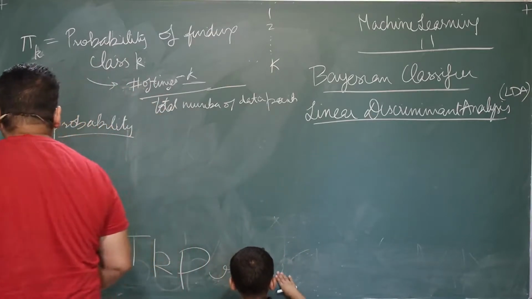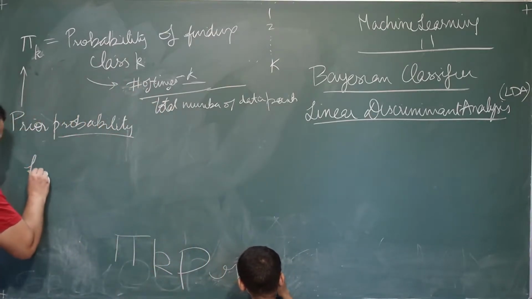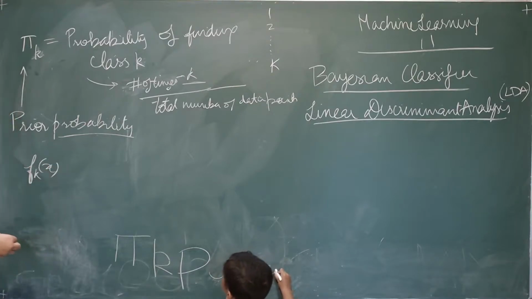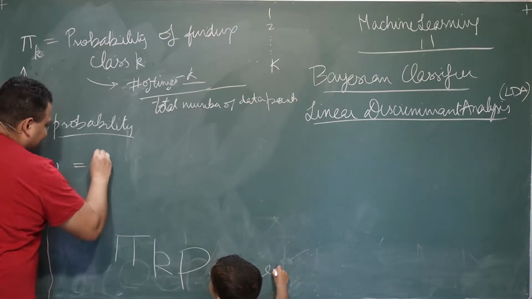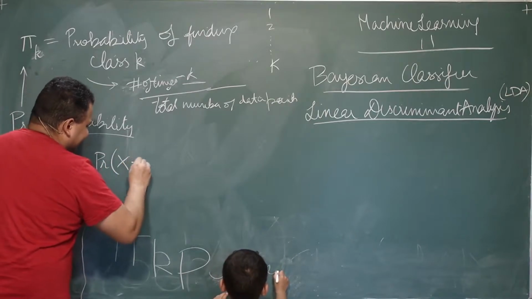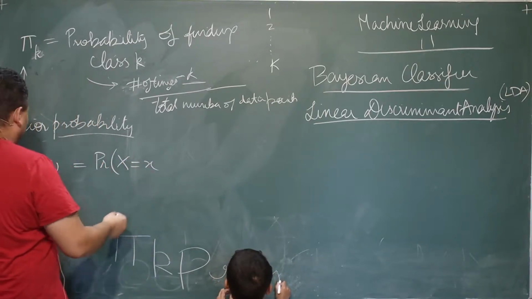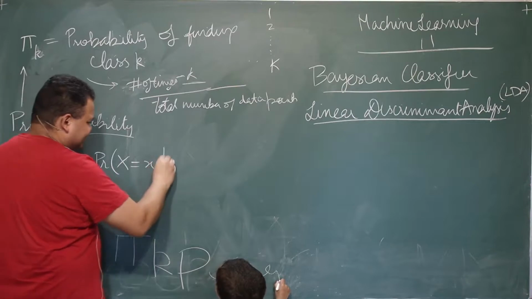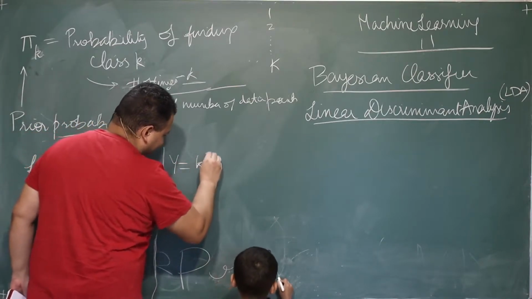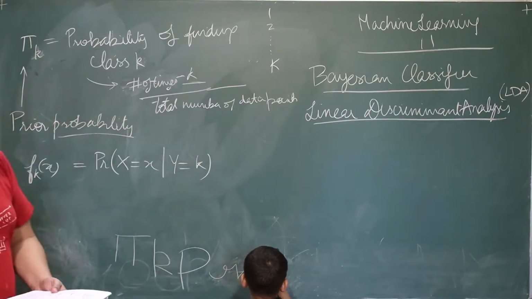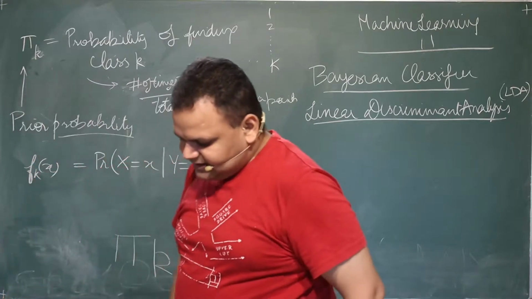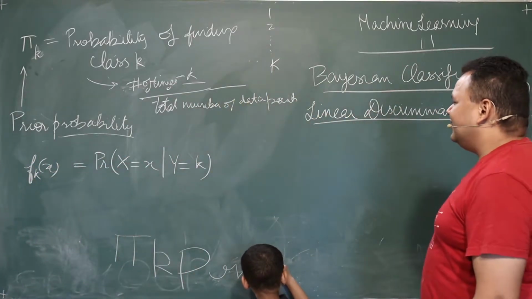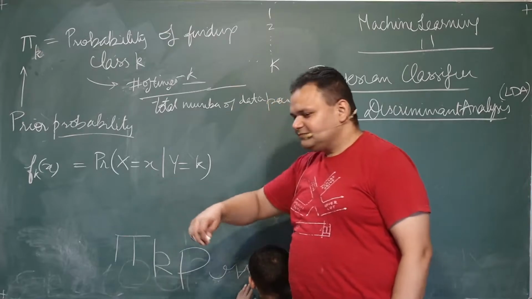The second is f_k(x). What is f_k(x)? It is the probability that the input x is equal to x given y is equal to k. Do you understand what is going on over here?